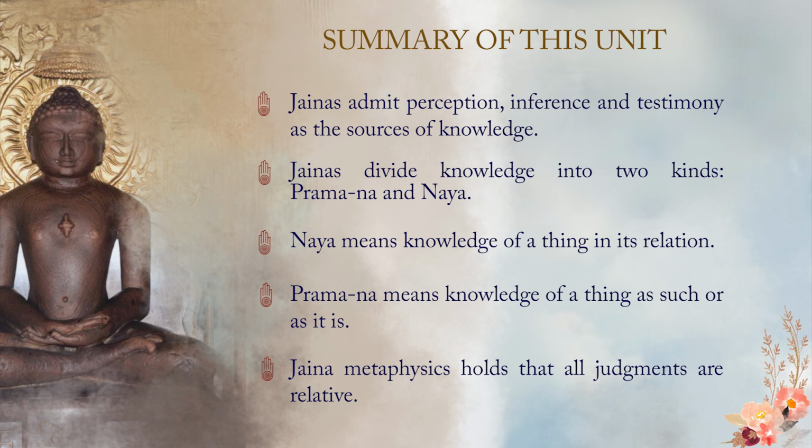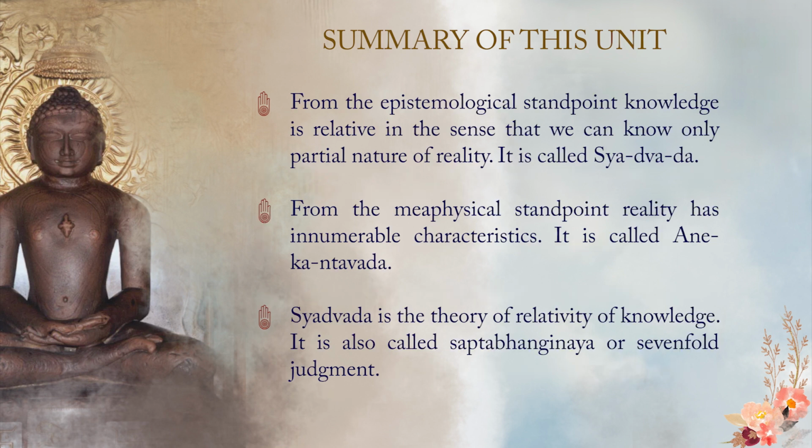Jaina metaphysics holds that all judgments are relative. From the epistemological standpoint, knowledge is relative in the sense that we can know only a partial nature of reality. It is called Syadvada. From the metaphysical standpoint, reality has innumerable characteristics. It is called Anekantavada. Syadvada is the theory of relativity of knowledge. It is also called Saptabhangi naya, or sevenfold judgment.